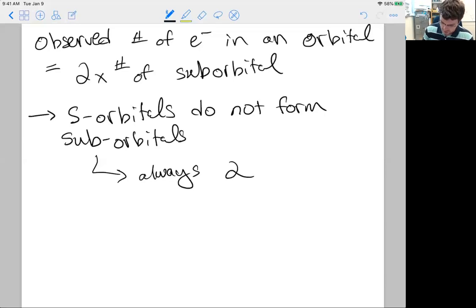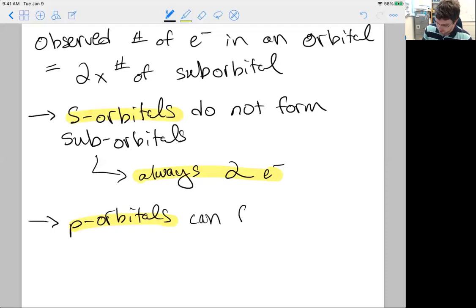S orbitals, always 2 electrons. P orbitals can form 3 suborbitals.